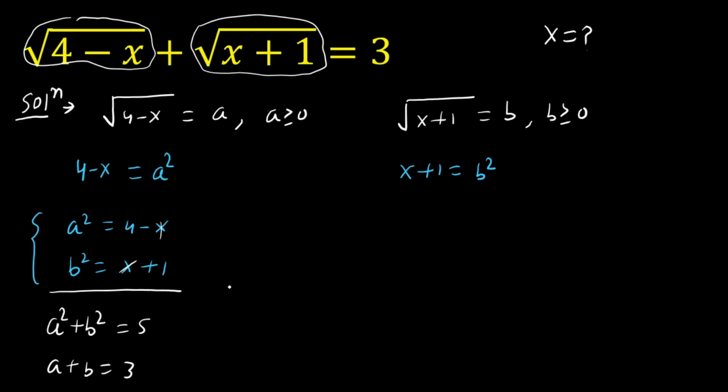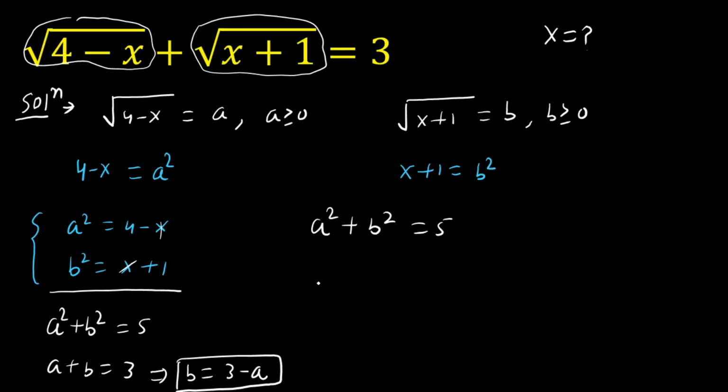We have two equations. Here b is equal to 3 minus a. A square plus b square is equal to 5, and this b is replaced by 3 minus a, so 3 minus a whole square equals 5.